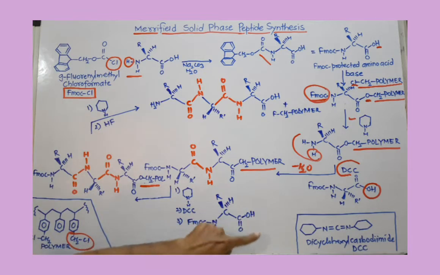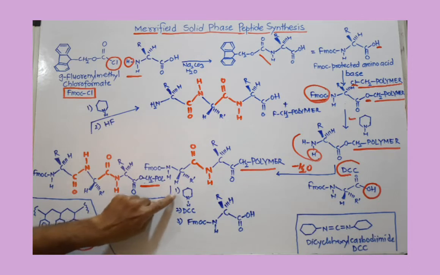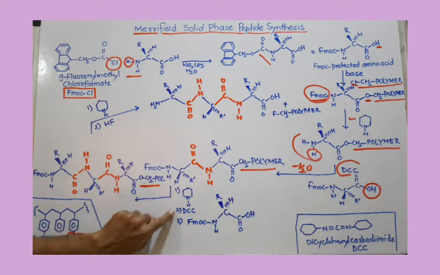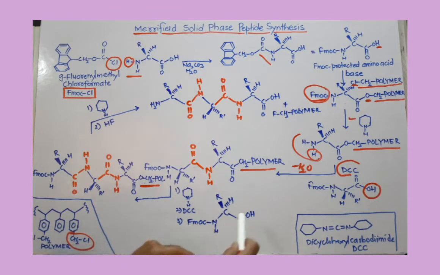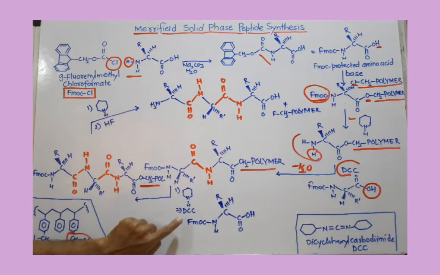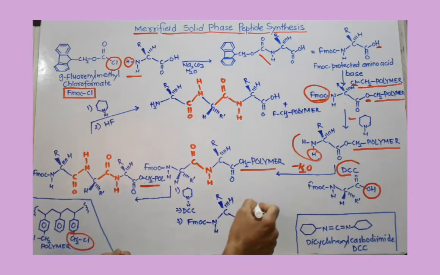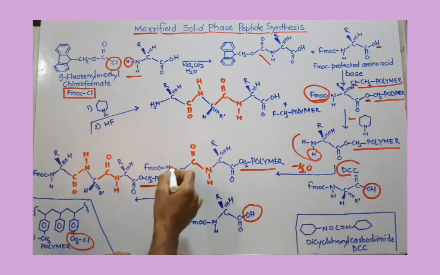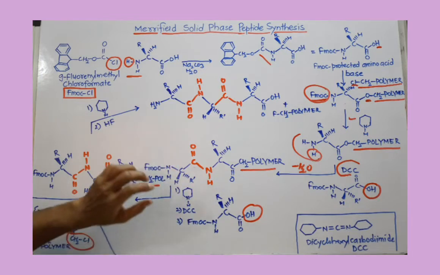So this is again added. So instead of repeating that step, I have written here, firstly you have to add this, secondly you have to add this, and thirdly you have to add your desired amino acid. Now you assume that the free amino group is there after doing all these steps, and this newly added amino acid again reacts with this OH and H of this free terminal amino group.